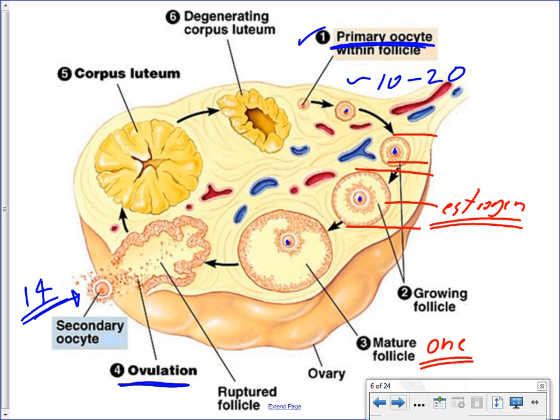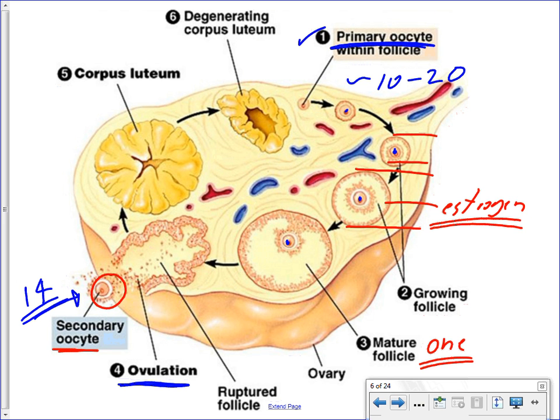Halfway point through the ovarian cycle, that is when the egg is going to be released. So we're talking about the surface of the ovary. It is going to rupture, and we're going to have, and again, I'm just calling it an egg in a general term, but we can refer to at this point as the secondary oocyte.